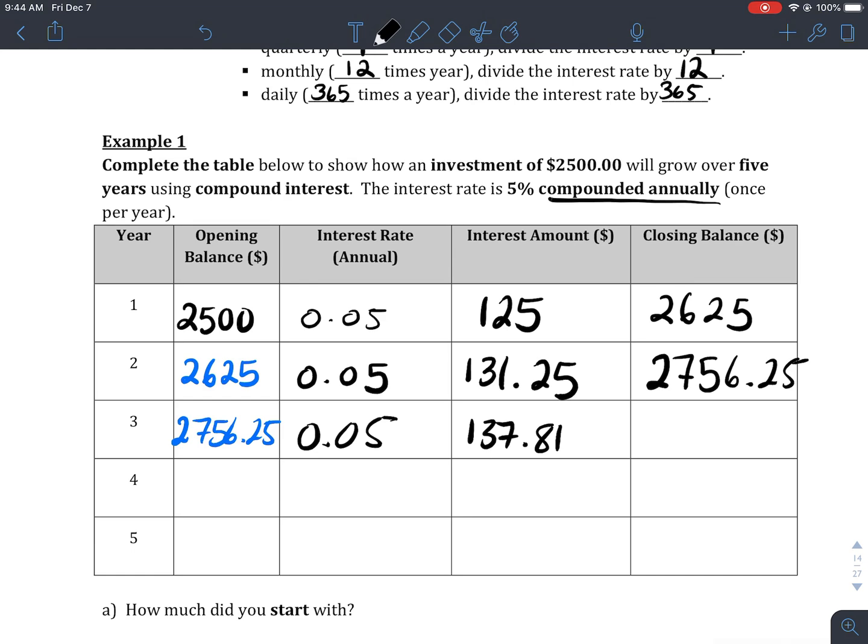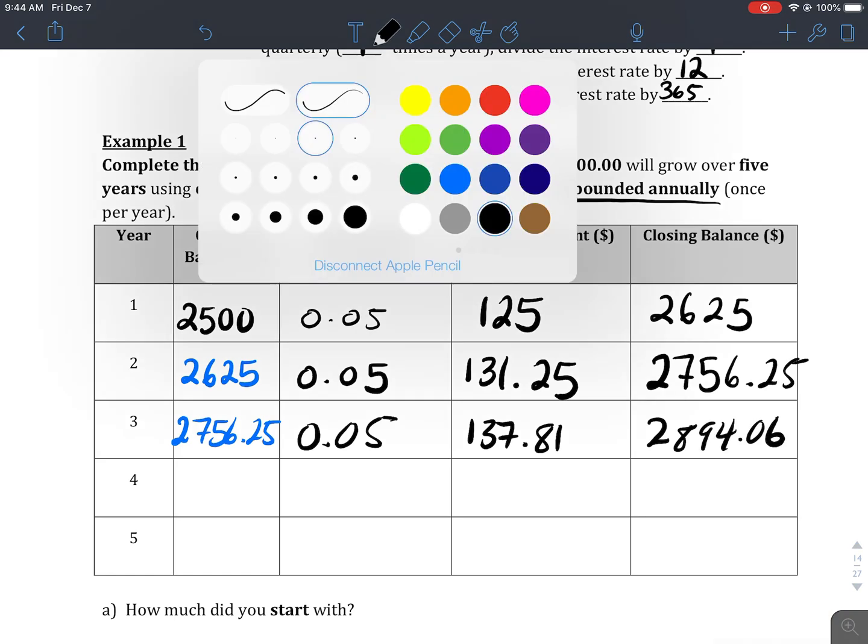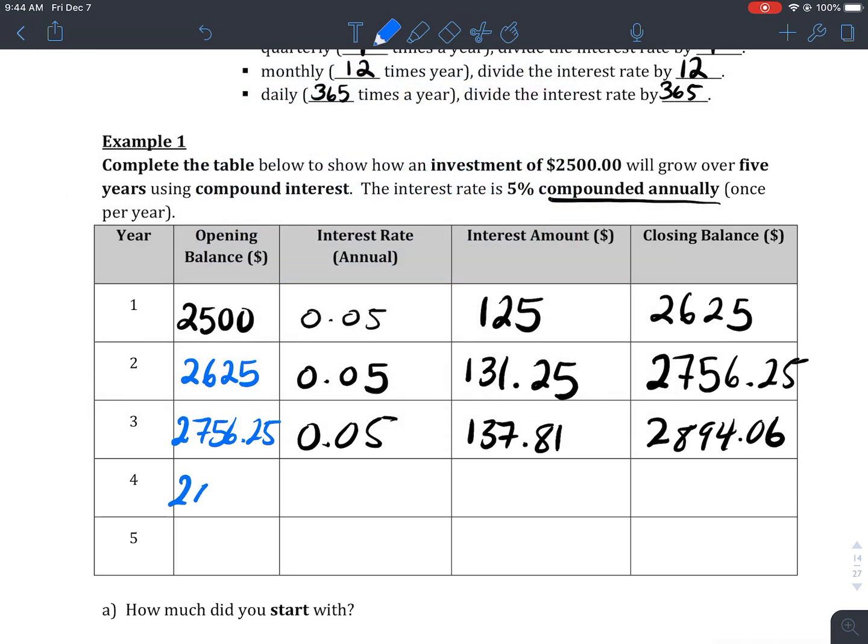$37.81 plus 2756.25, and in total 2894.06. Year 4 interest is $44.70.